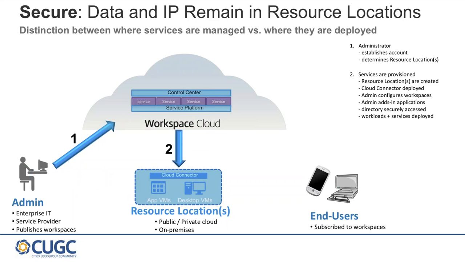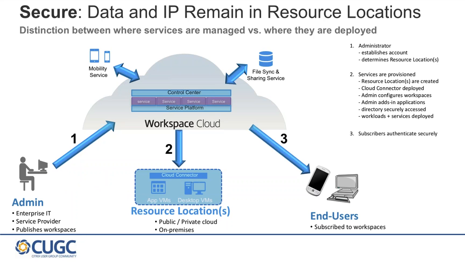Then the resources will be inside of your resource location. You can add other services like mobility, and file synchronization and sharing, like ShareFile, and then your users will consume those resources by talking to your Workspace Cloud, and through the NetScaler will eventually access their applications and desktops. So that's the flow of how things will work here.